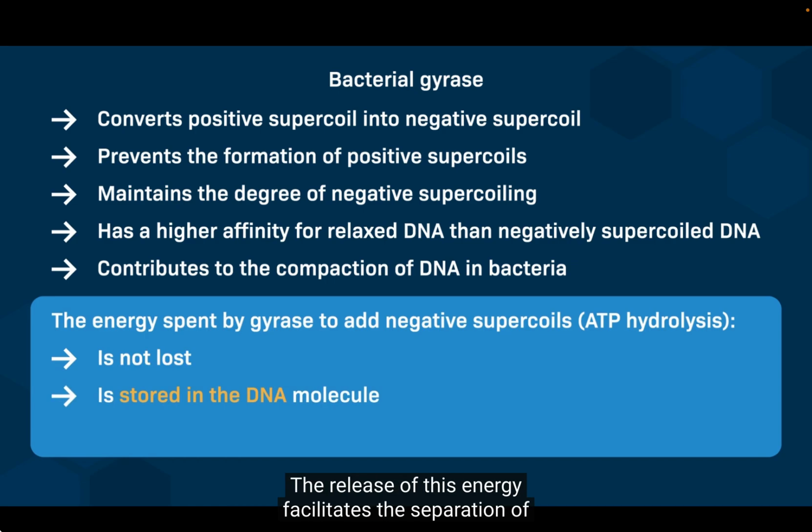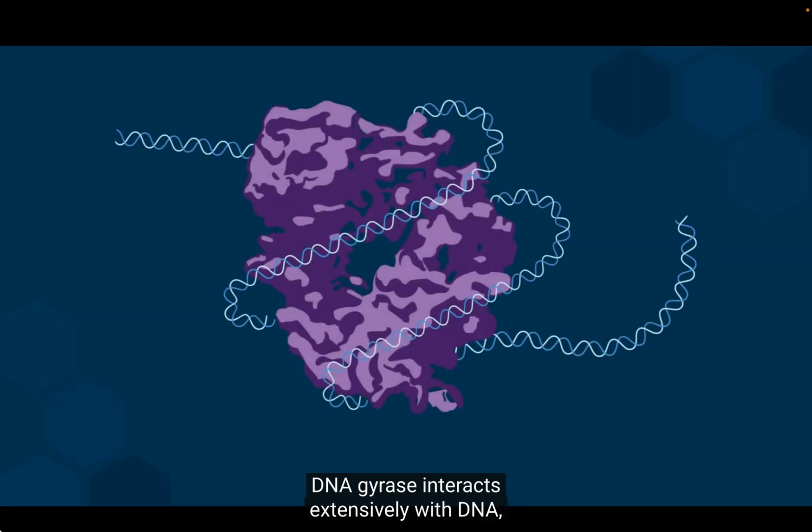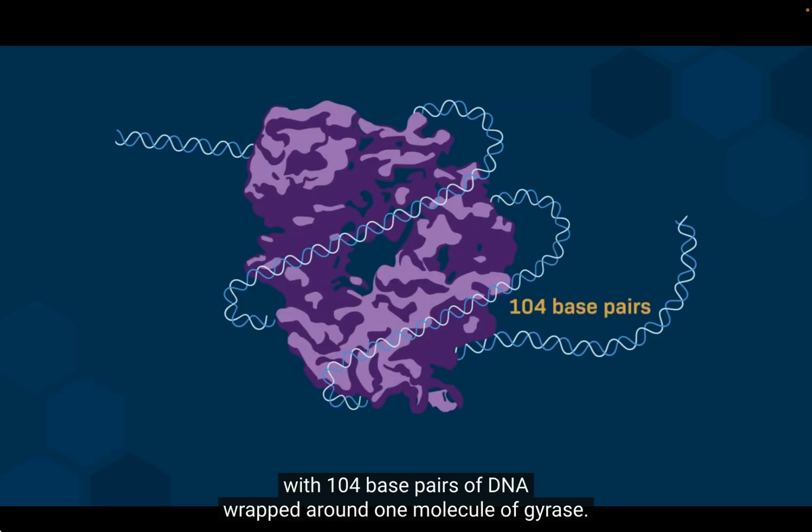The release of this energy facilitates the separation of the two strands of DNA during replication. DNA gyrase interacts extensively with DNA, with 104 base pairs of DNA wrapped around one molecule of gyrase.